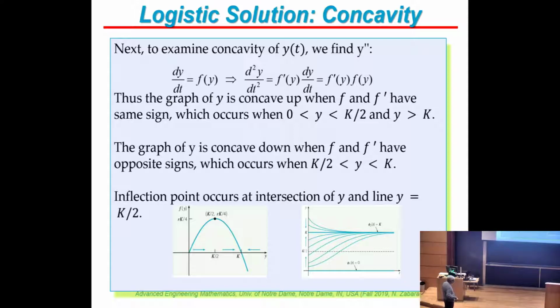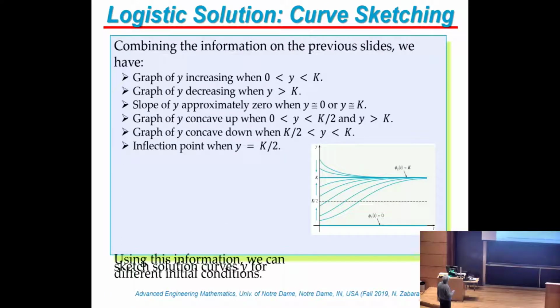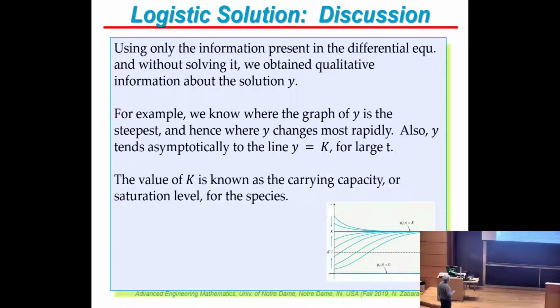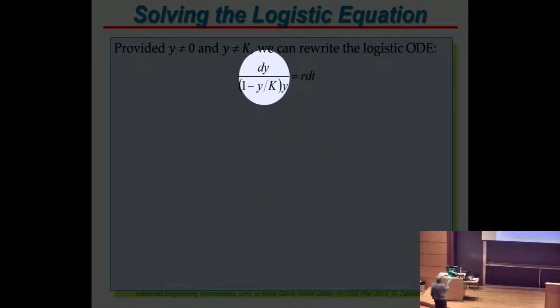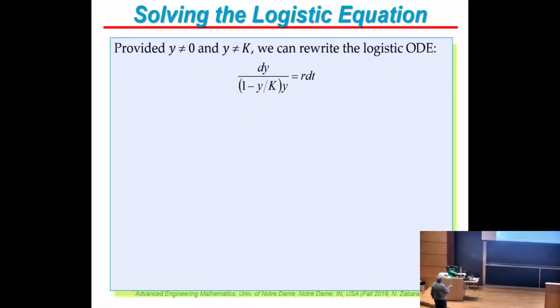Because if you give me an equation, then I have to plot it. I need a computer. This I can do on a napkin and say, this is how the solutions look like. And if you want to actually solve this equation, let me just directly give you the solution. This equation is separable. You can move all the y's on one side, all the t's on the other side.